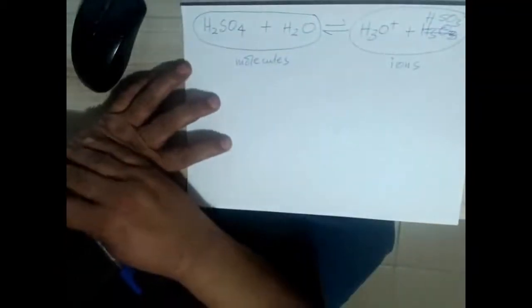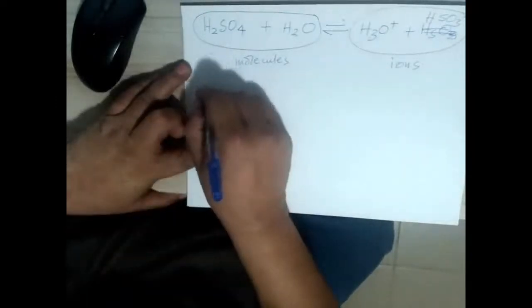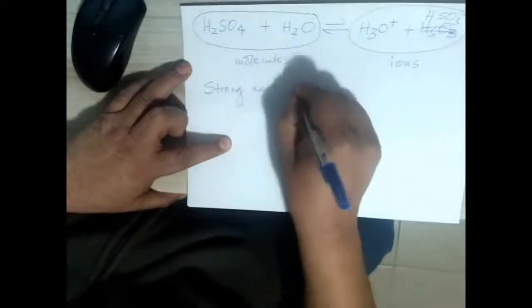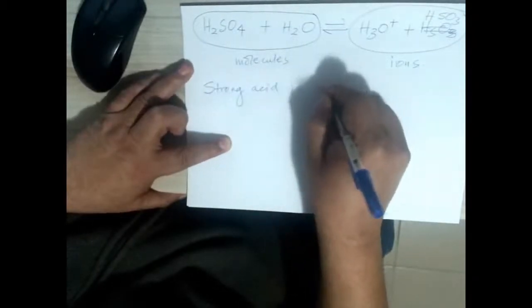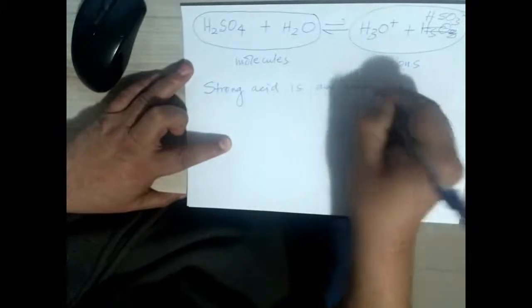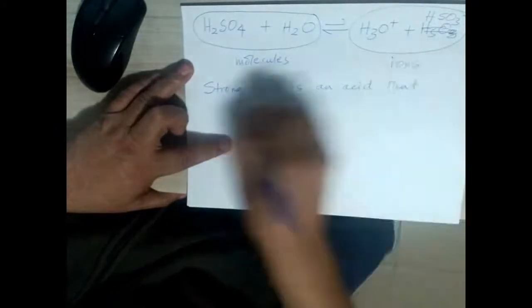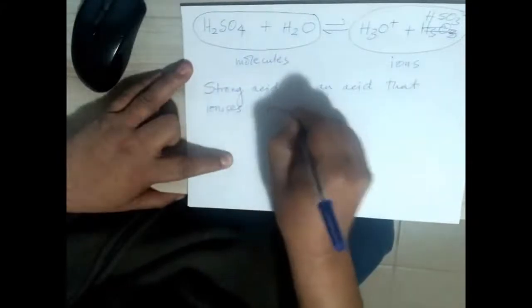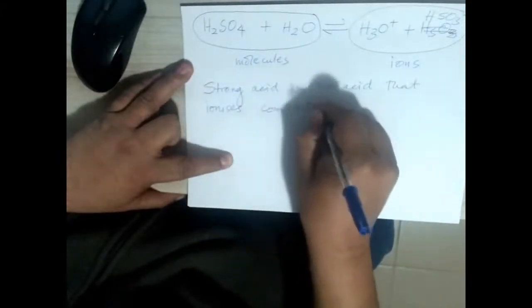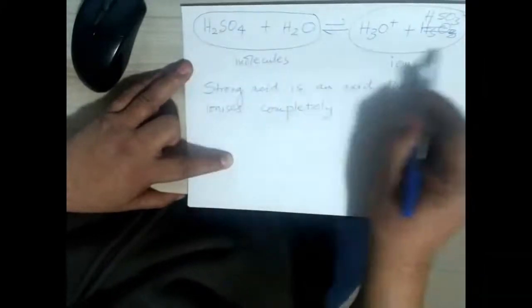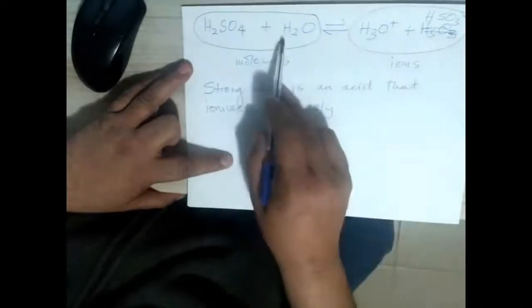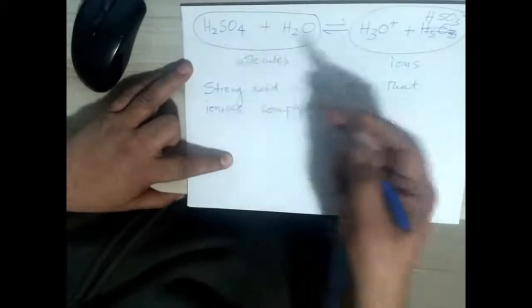So the definition of a strong acid is an acid that ionizes completely. What that means is that all the molecules became ions. And that is why it's referred to as the ionization of an acid in water.